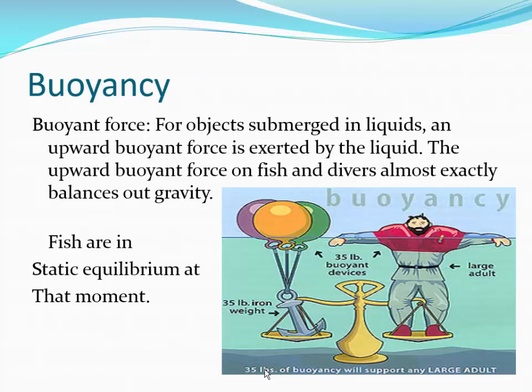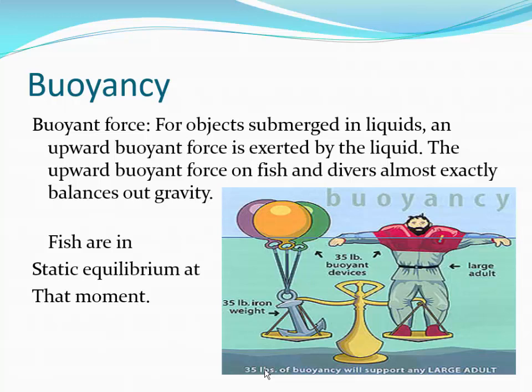For anything that is submerged in a liquid, that object has a couple of forces acting on it. It has its force of gravity, however much it weighs, pulling it down. And then it also has this upward push that's provided by the fluid. For things like fish or divers, the buoyant force almost exactly balances out the force of gravity.